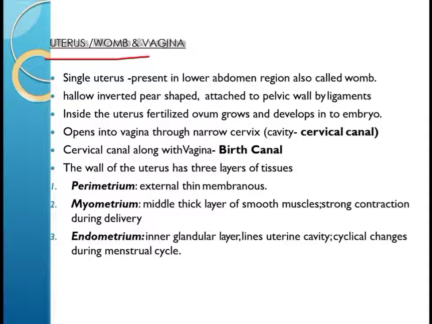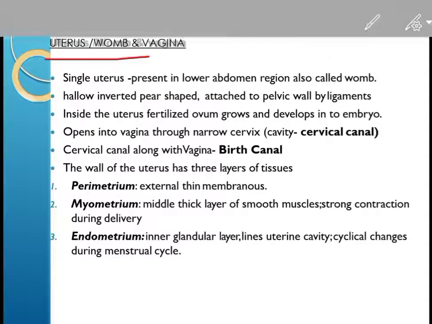Uterus has a thick, highly vascular wall composed of 3 layers of tissues. Number 1, that is outer perimetrium, a thin membranous covering of uterus wall.